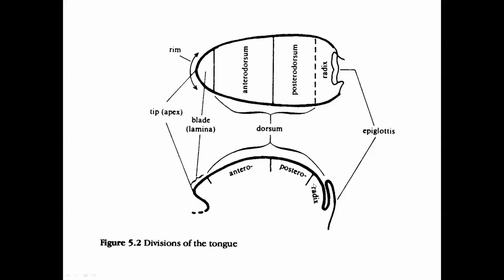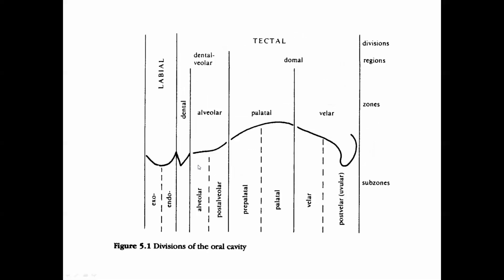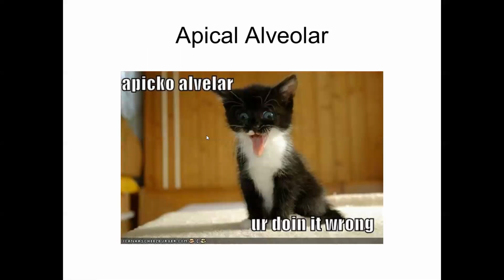All right, so let's say we're trying to connect something here, we're going to say a sound where you are connecting the tip of your tongue, the apex, with an alveolar area. In that case, you would be saying that you are moving your tip of the tongue up to touch this fleshy area behind your front teeth, or we would say it's apical alveolar. All right, and now you can see why the little kitty there is doing it wrong.